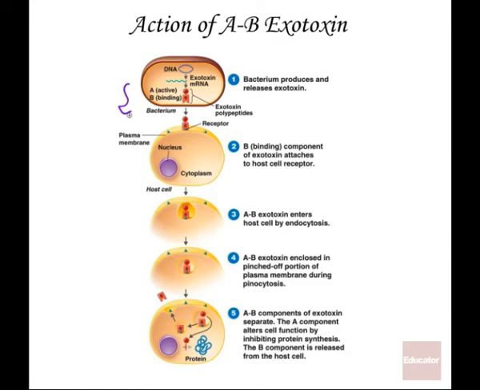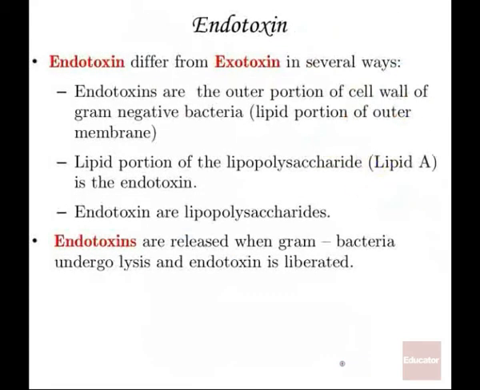We have endocytosis, and both of them come into the cell. Eventually B will leave and A stays behind, and then A alters cell function by inhibiting protein synthesis. And then B can go off and join another A and continue the whole cycle. But again, this is an exotoxin. It's not a bacterium. It's a product of bacteria.